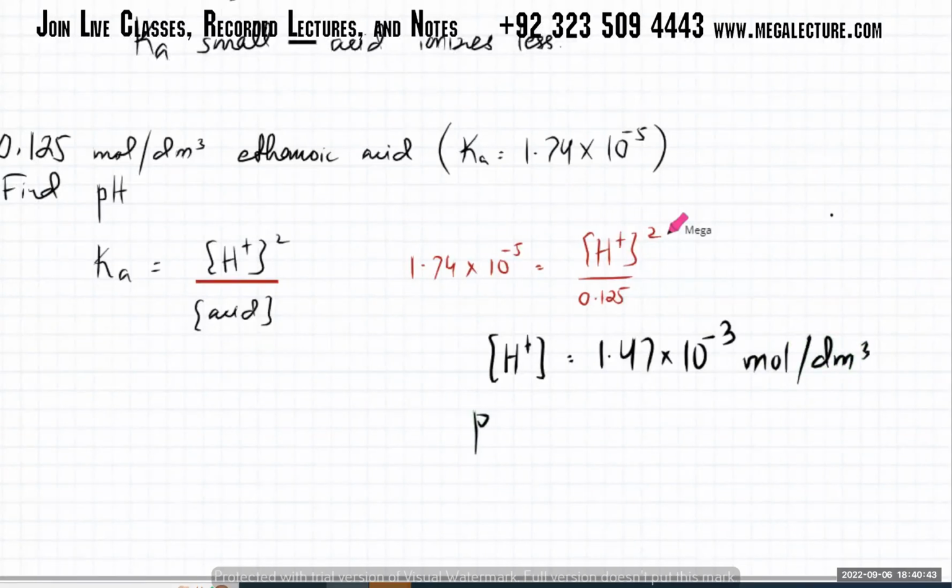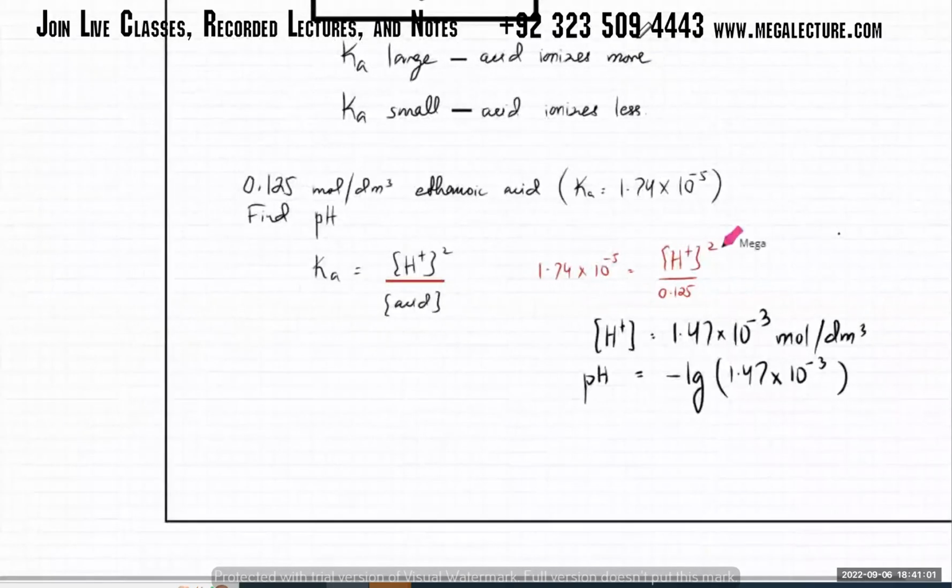You just have to take the negative log of this thing. So if you calculate the negative log of this, you'll get pH. Tell me that as well, what comes out. The pH will come out to be 2.83.